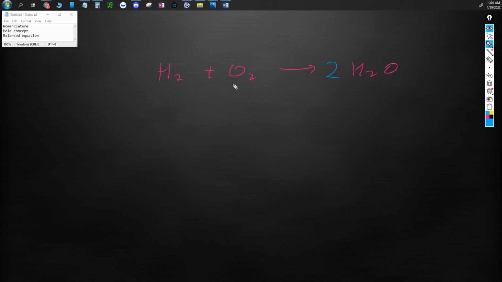That made this one happy. Now we have to deal with hydrogen. There are 2 hydrogen already here, but double of it makes 4 hydrogens. Then we have only 2, so we have to put 2 here. So we have a coefficient ratio of 2 to 1 to 2. Remember, there's an invisible 1 there.